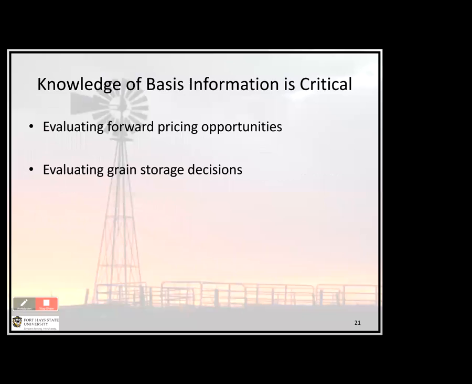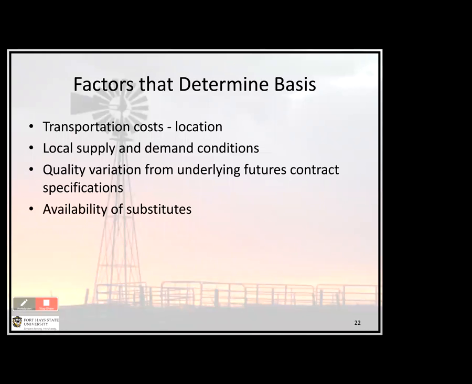All right, so just a little bit on basis. Factors that determine or affect basis: transportation costs or location. This is probably the most common one, and the easiest one to understand.